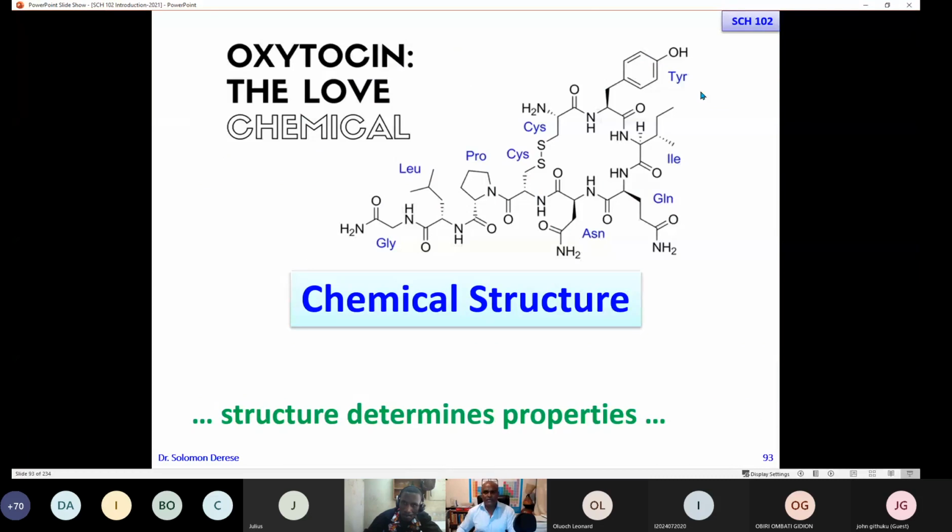So this molecule I have on the slide is called oxytocin. Oxytocin is called the love chemical. It is called the cuddle chemical. It is involved in many things that are related to love.